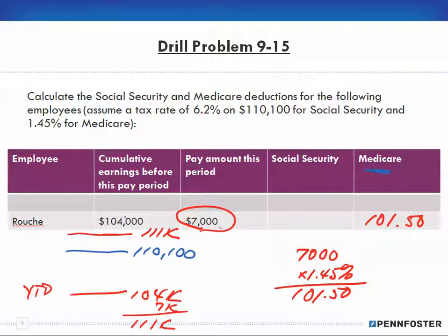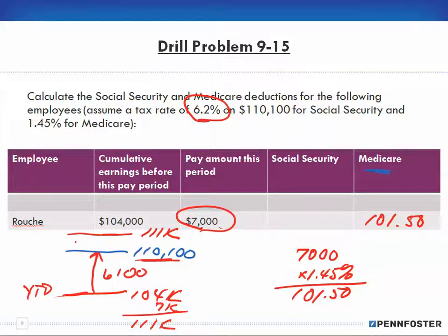Okay, the person only needs to pay Social Security tax of 6.2% on any wages earned up to the 110,100. So the difference between this year-to-date of 104,000 and this limit of 110,100 is $6,100.